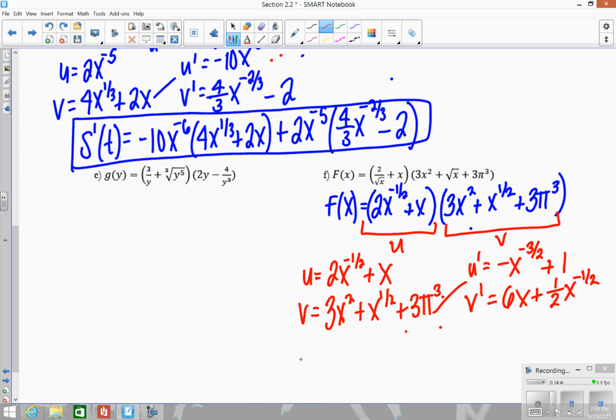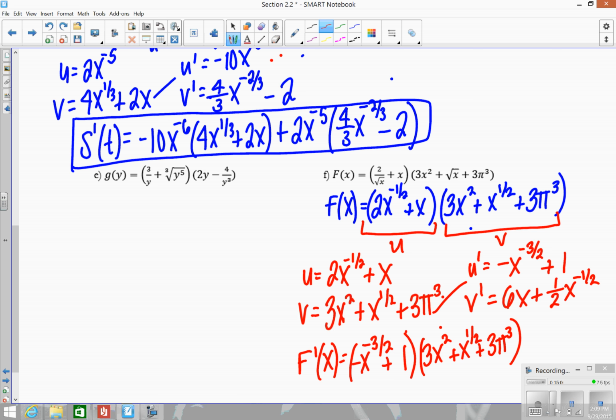Multiply from bottom to top to get the derivative. So we have negative x to the negative 3/2 plus 1 times 3x squared plus x to the 1/2 plus 3 pi to the third. Keep in mind when I'm multiplying these, the order that you multiply here doesn't matter.